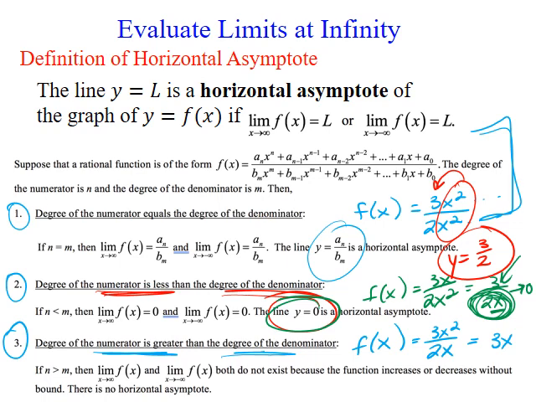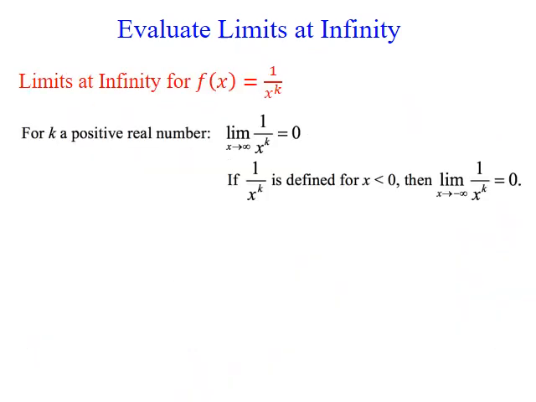It doesn't approach anything. So there's no horizontal asymptote in this case. Again, it's important that we are able to identify horizontal asymptotes, because if we can find them, then the limits at infinity are the same thing. Let's look at some examples.